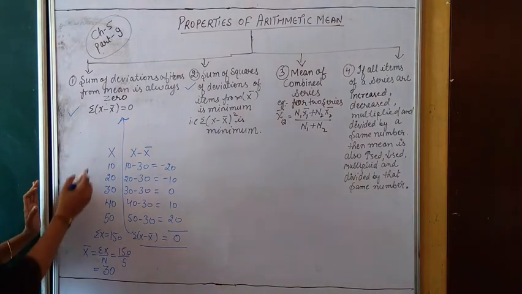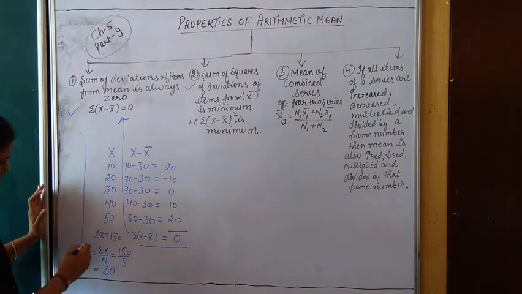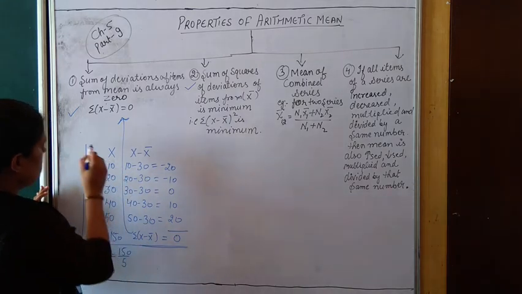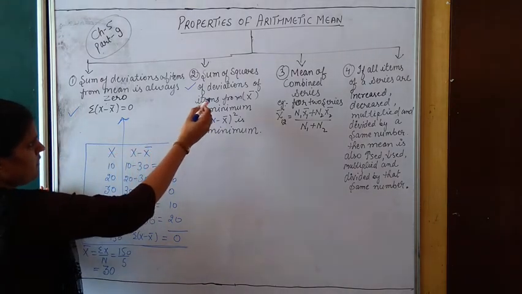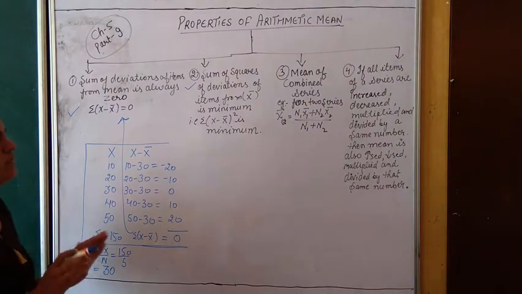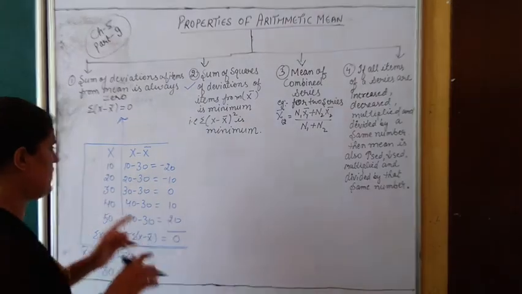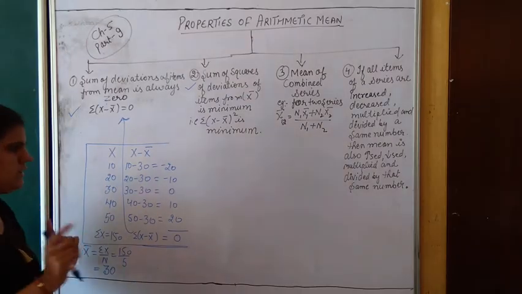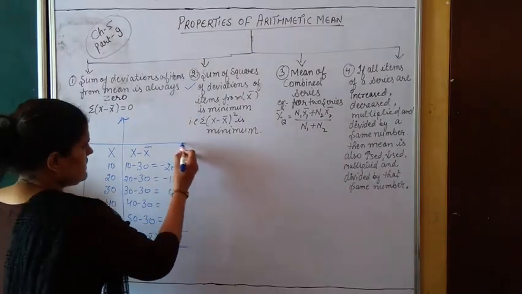Now बच्चे, let me make the outlines of the box because I have to make a few more columns to explain this property. The first property I have explained. To prove the second property I require these two columns, so I am not rubbing them.